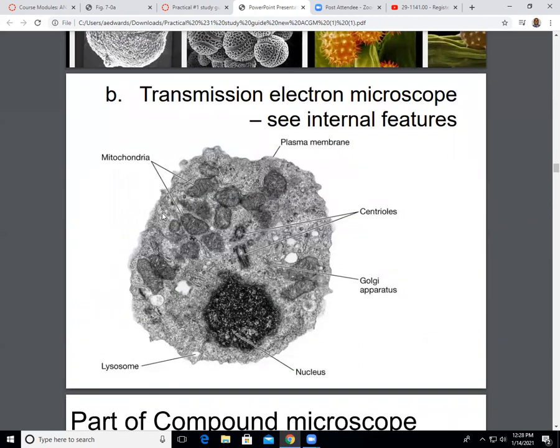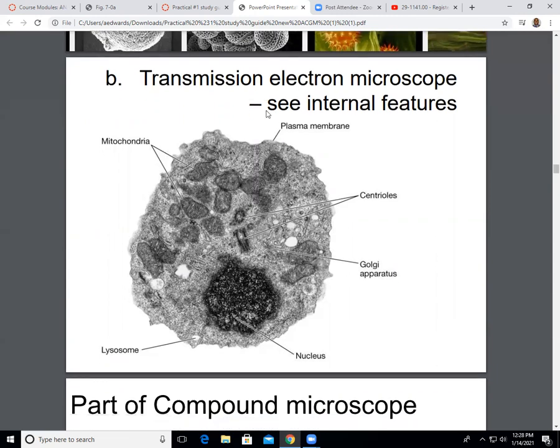It looks flat. Here you can see all these different structures inside of a cell. When we get into covering cells in a week or so, we'll go over what each of these are. But the main thing is knowing the difference between a scanning electron microscope and a transmission electron microscope.